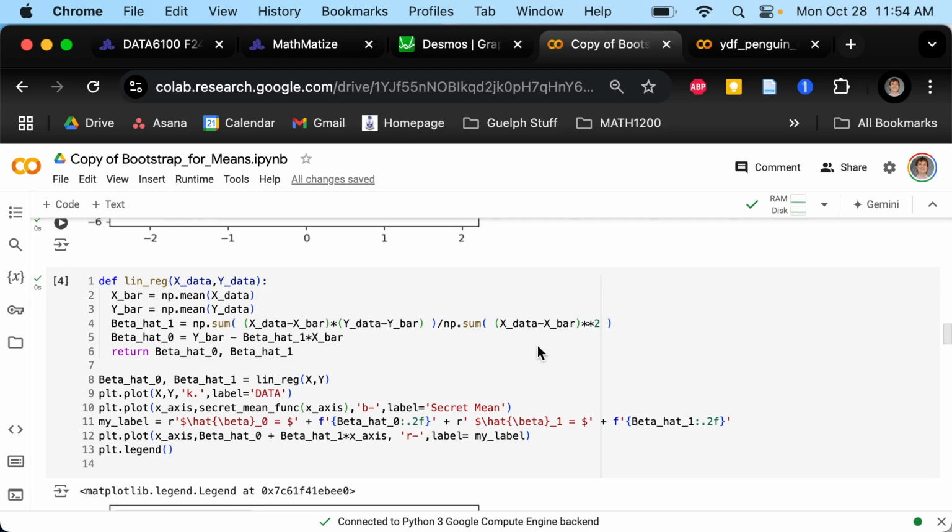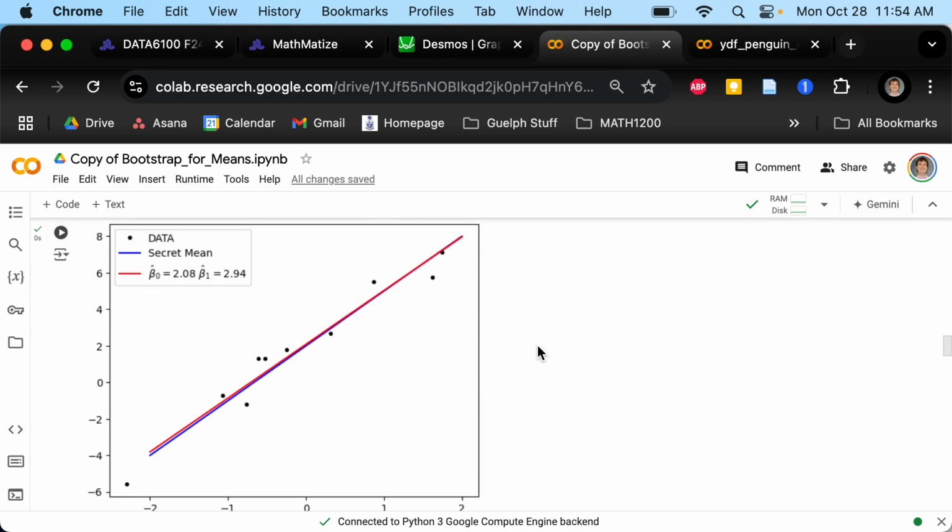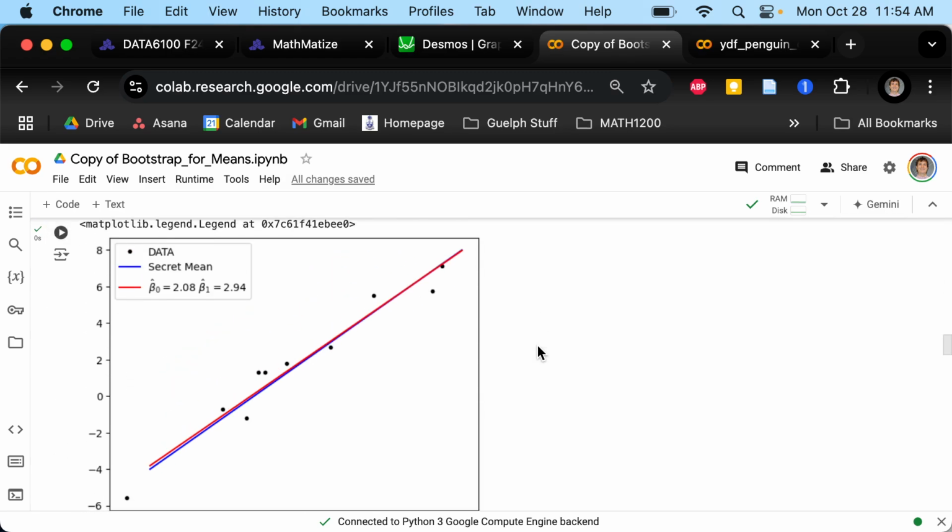Okay, so here's what I want to do. This is what would happen if you just did straight linear regression. You take your 10 points and do linear regression, and you get a beta hat 0 and a beta hat 1. The true answer is 2 and 3, by the way. So the secret mean function has a 2 and a 3. You got 2.08 and 2.94. So why would we do bootstrapping? We want to understand how far away we are from the true answer.